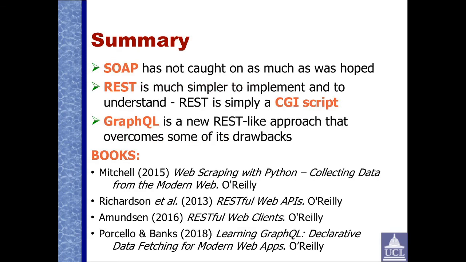So SOAP has not caught on as much as was hoped. REST is much simpler to implement and to understand. REST is simply a CGI script. GraphQL is a new REST-like approach that overcomes some of the drawbacks of REST and allows you to access data and calculations in a much more flexible way.